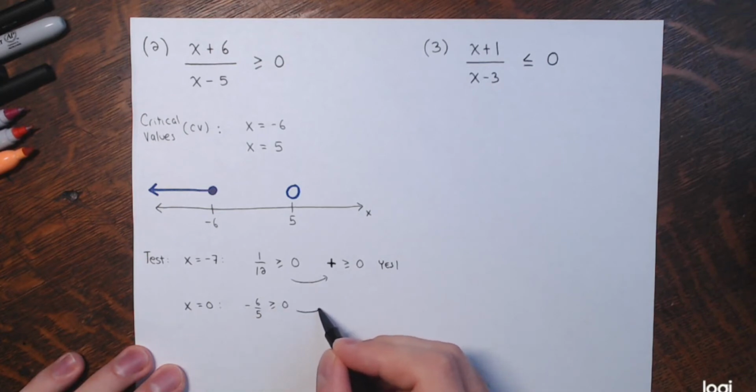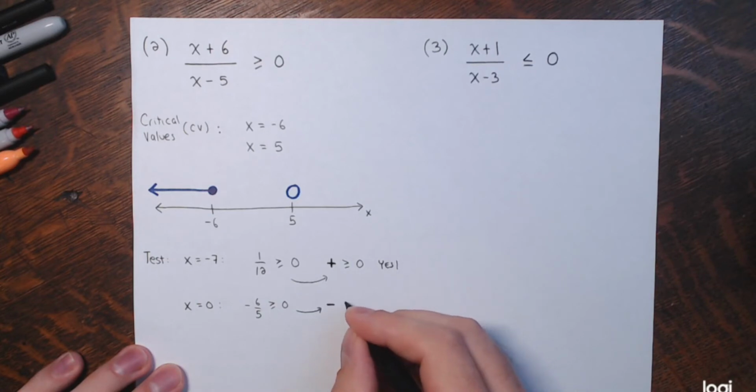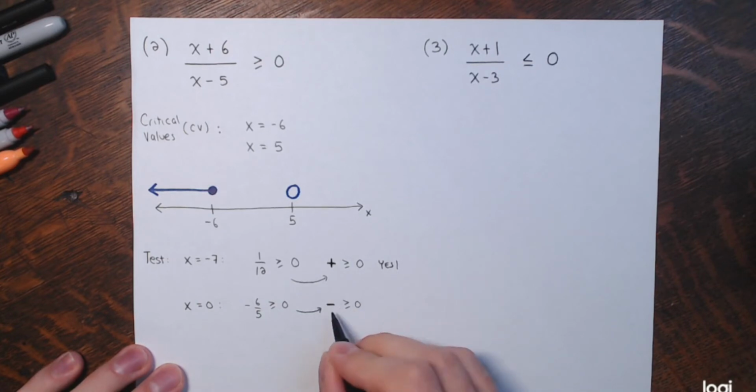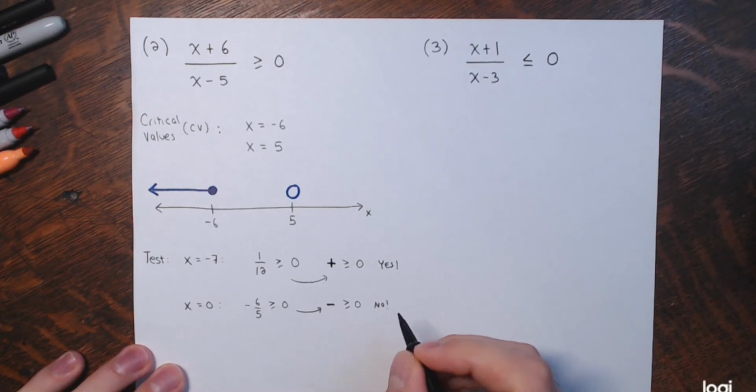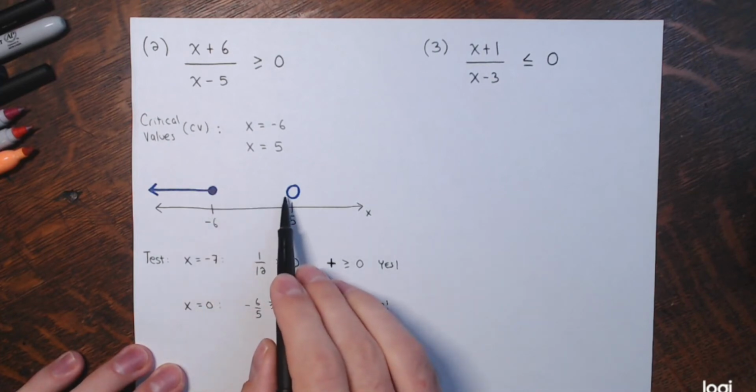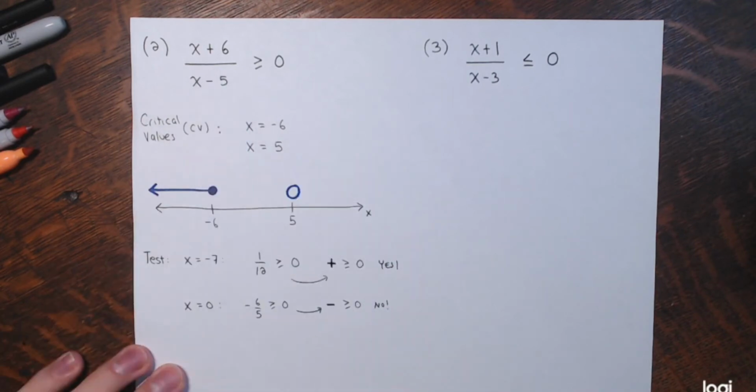Again, in future problems, I'm just going to say, hey, we got a negative number on the left side. I'll put just a minus sign for negative number is greater than or equal to 0. Is a negative number greater than or equal to 0? No. So these numbers in between -6 and 5 are not solutions to this inequality.